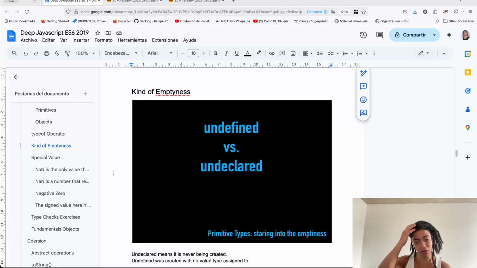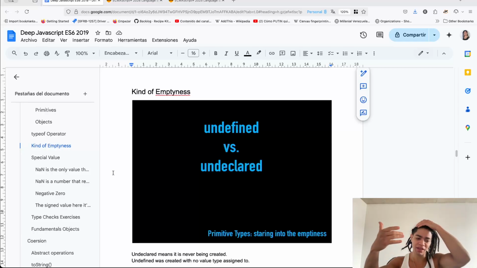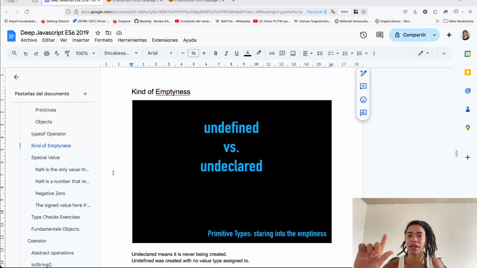We also look at a particular example of how we can determine the type of value, especially for NaN and positive and negative zero.